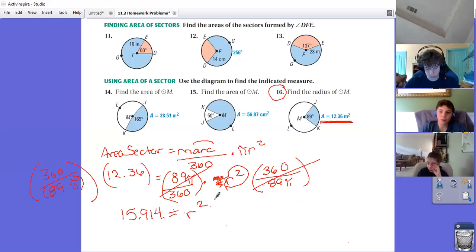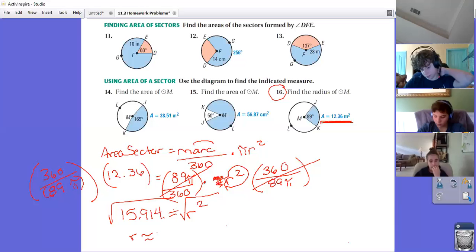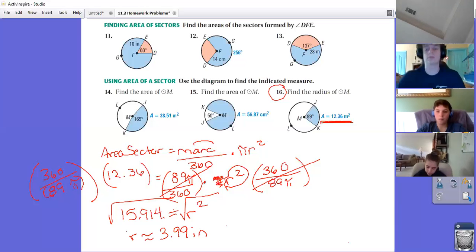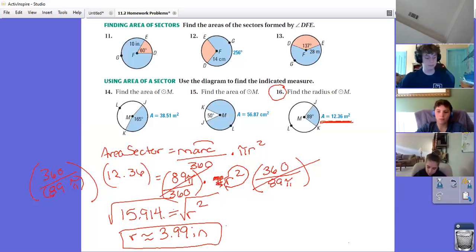And once again, I need to know the radius, so I'm just going to take the square root of both sides. Guys, this is work I should be seeing on your paper. You should get approximately 3.99 for the radius.